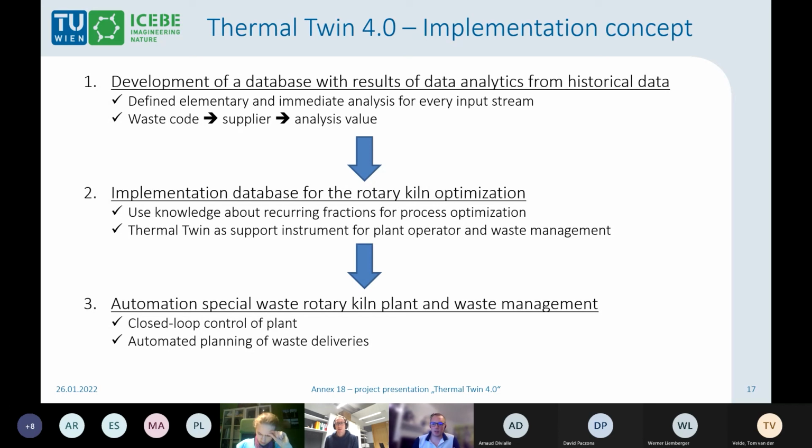It's the same with filter materials, these are recurring fractions. When this waste code comes again from this supplier, and you already analyzed it, then you can say it will have the same combustion behavior, and you can reorder your input streams better to have a more moderate operation and not peaks.